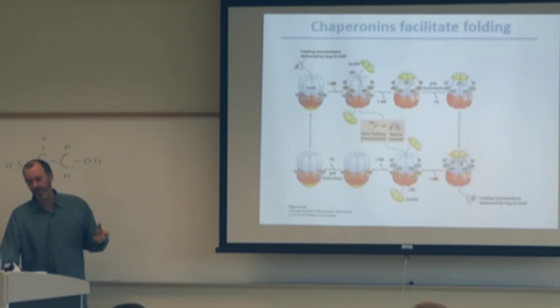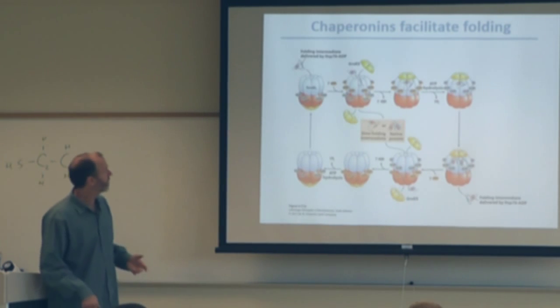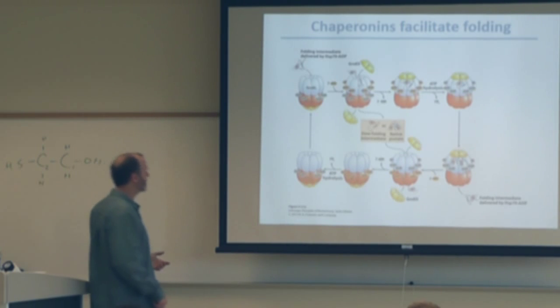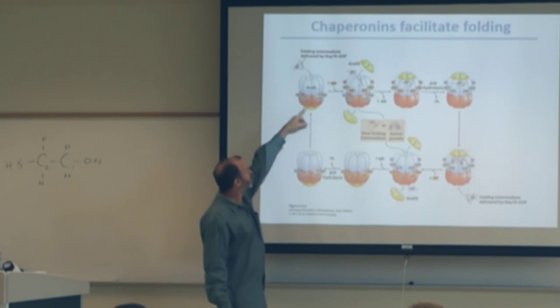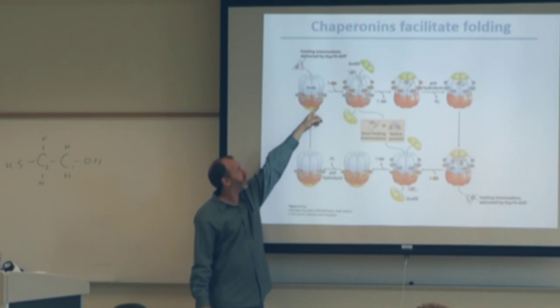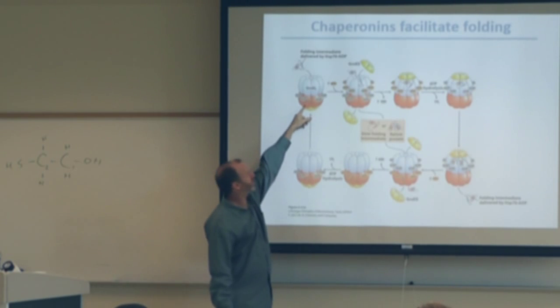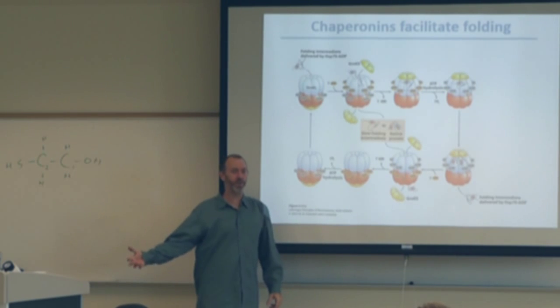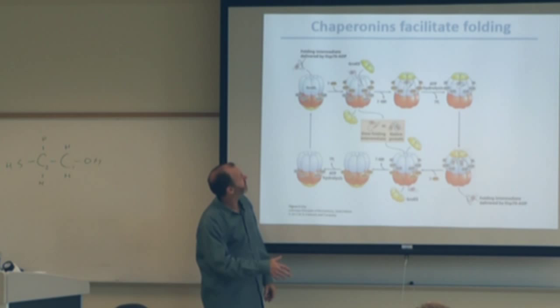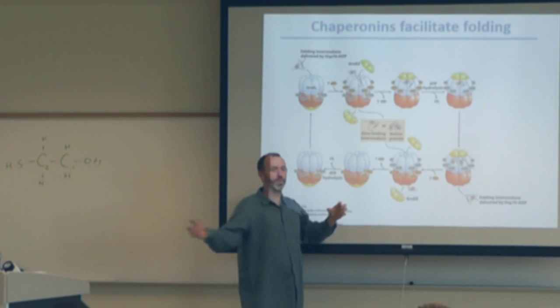There are these large complexes that we find in bacteria and in eukaryotes called the chaperonins. The GroES complex is one where a folding intermediate is delivered to this complex and goes inside, and each time the folding intermediate makes contact with the wall of the chaperonin, it uses up an ATP, and you get a little bit more of a fold.